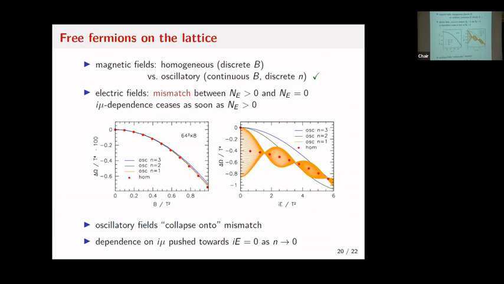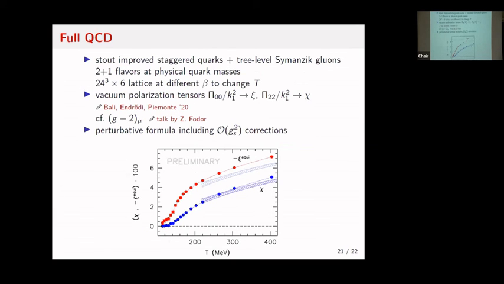And I have one more slide so that you also see something from full QCD. One can use the same approach with the oscillatory fields, not just for the free case, but for full QCD. And here are some details of our actions. Here is the definition that you can again use from the transversal and longitudinal vacuum polarization tensors.